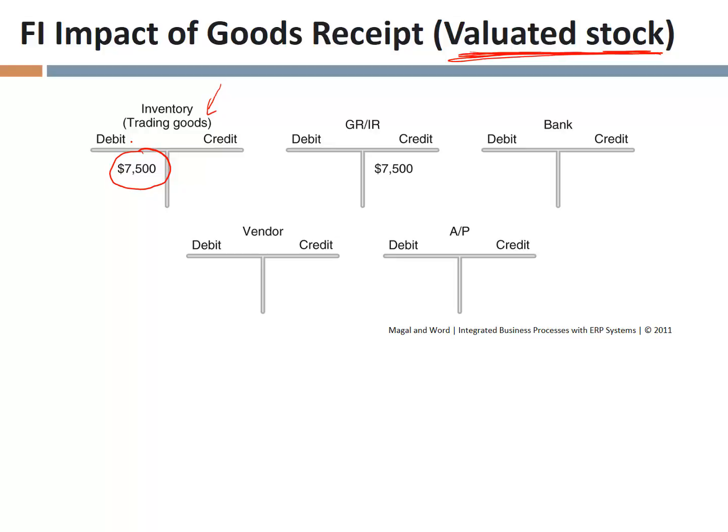Now, how do we know what account gets debited in this situation? How do we know that? Who can walk us through how the system's going to do this for us? Because it's a key element in this overall process. Okay, it's an asset.